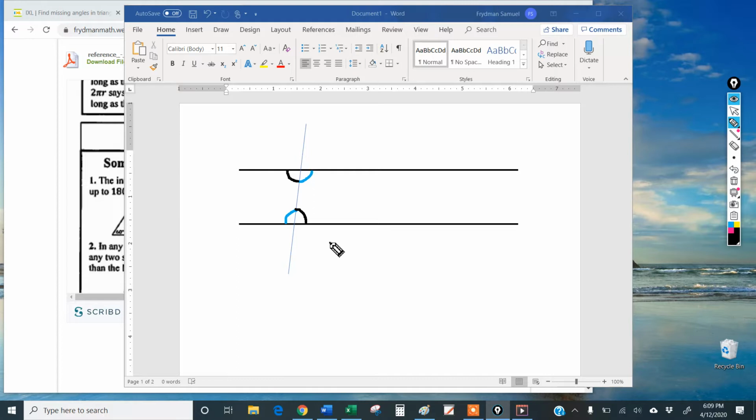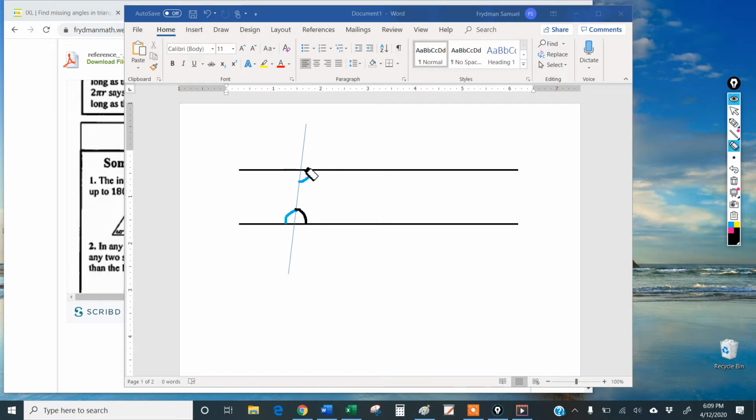And in fact, both of these angles are exactly equal to each other. They're not just both acute, they're both exactly the same. These two angles, which I drew in blue, are also exactly equal to each other. They are both obtuse angles, but more than that, they're exactly equal to each other.